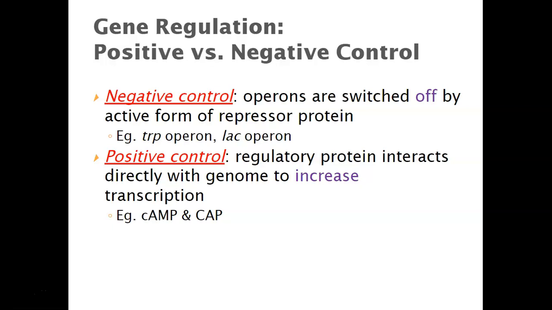You don't want to make too much, and you don't want to make not enough, so you're oscillating back and forth between on and off. Whereas positive control, as we saw previously, includes things like cyclic AMP, lactase production for pregnant moms and breastfeeding moms, that kind of thing.